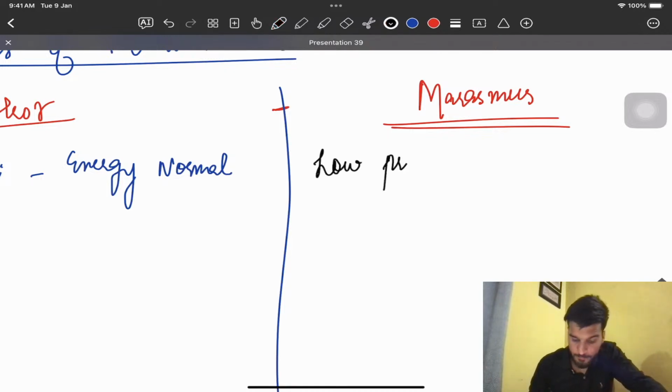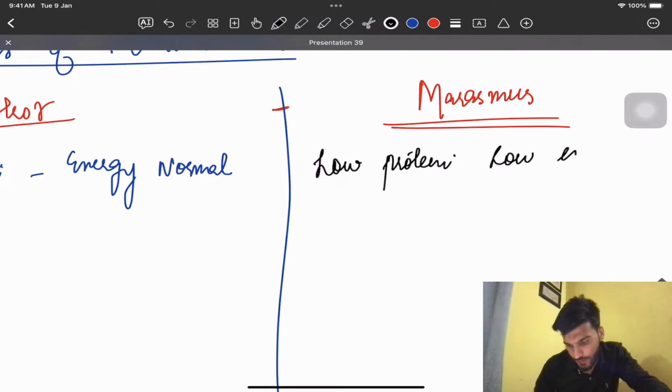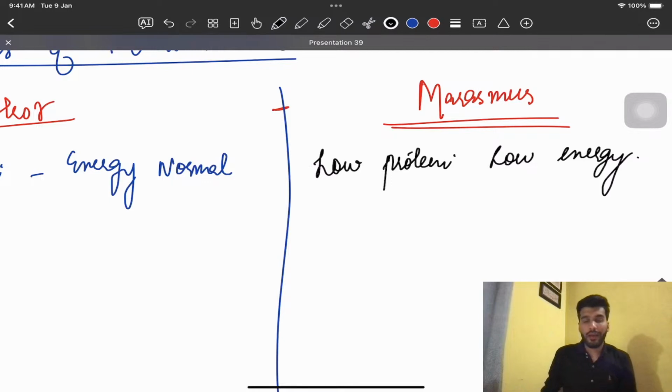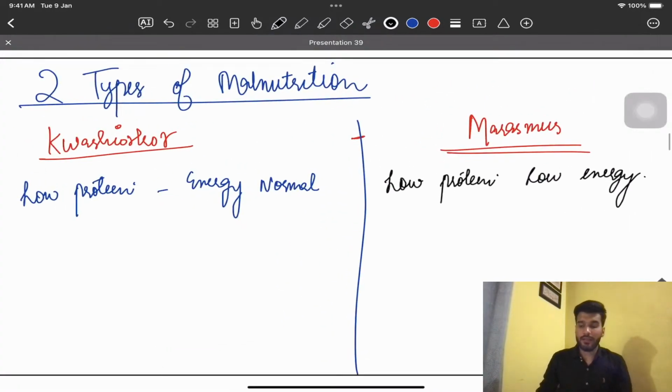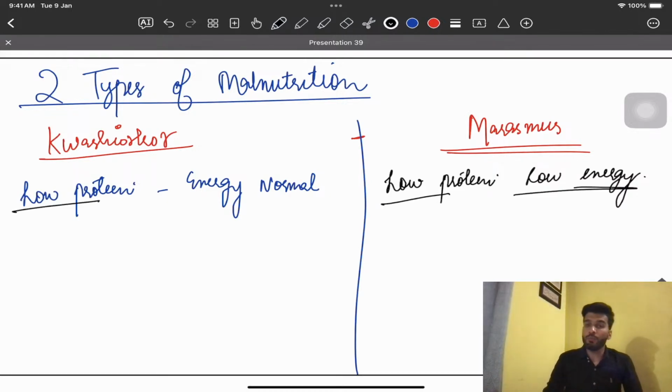These are the two types of malnutrition you have to remember, guys. In Kwashiorkor, there is low protein and energy is normal. But in marasmus, there is low protein and low energy.